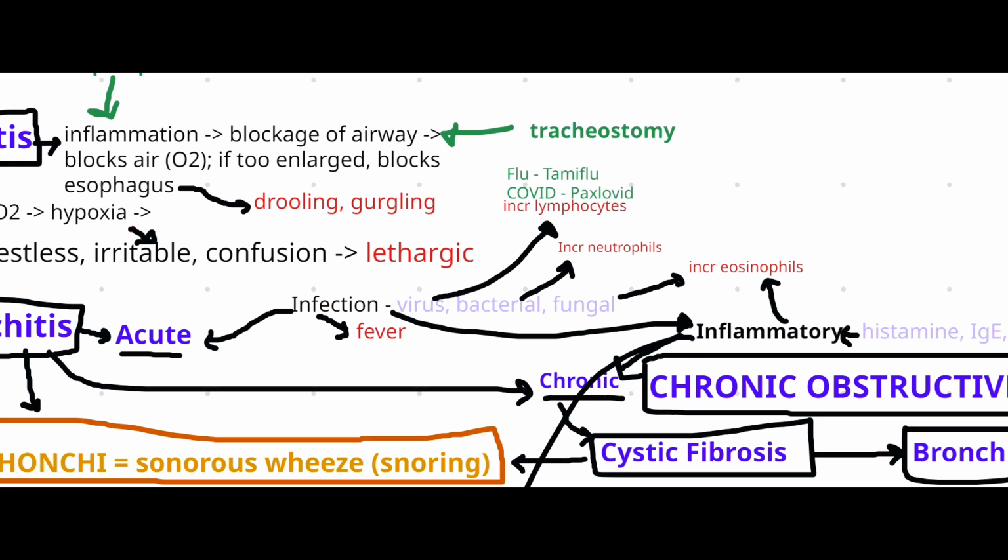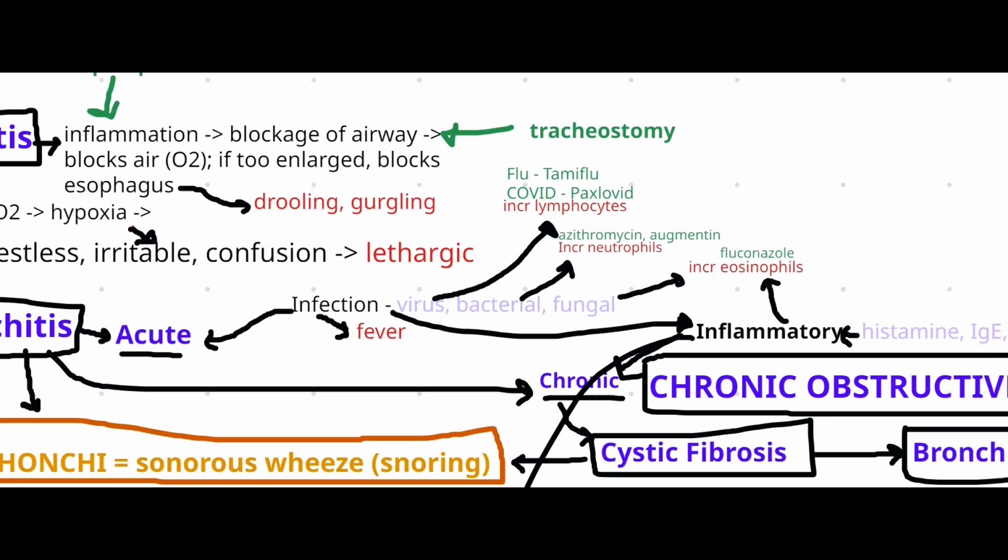And then fungal. What are your medications for fungal? Very good. Fluconazole is an example of an antifungal. So when you start seeing IV fluconazole, that's not good, right? That means this patient has a really bad fungal infection.